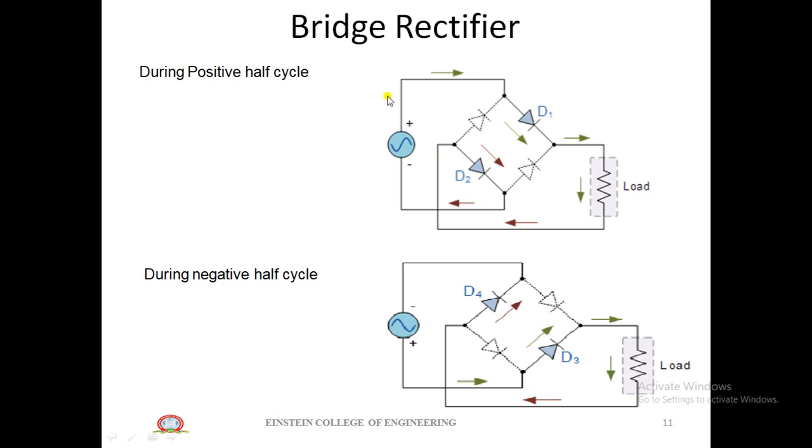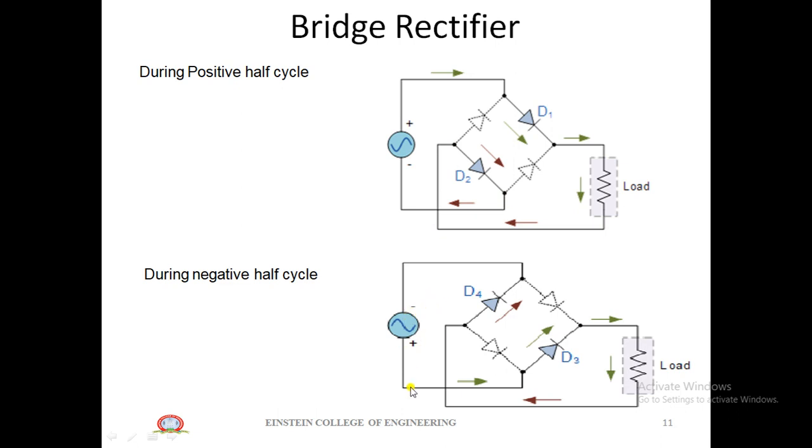Now the current flows from the positive terminal to D1, then the load resistance, and then to diode 2, and it completes the circuit. And during the negative half cycle, the polarity changes. Here is the positive and here is the negative.